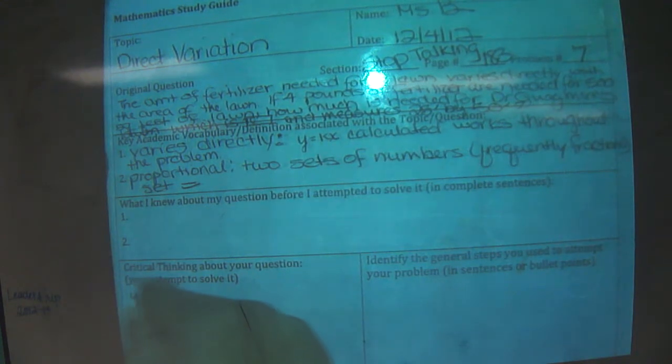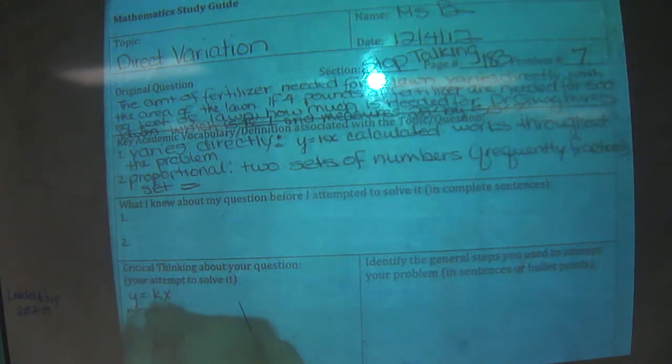So what we're going to do is y equals kx. First we need to calculate it for the lawn we know about. So if we have 500 square feet of lawn and we need 4 pounds of fertilizer, do it. Okay, so this is the known problem.